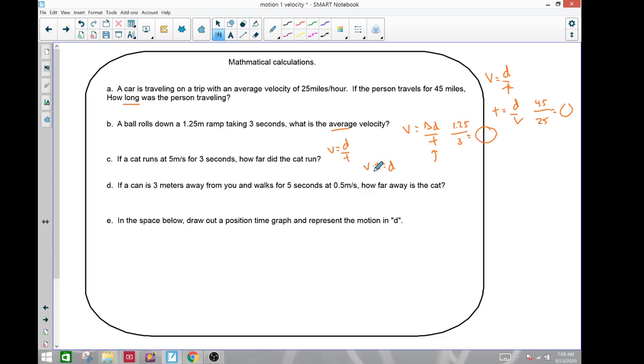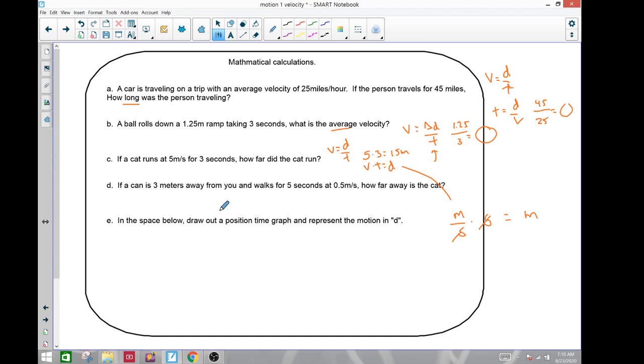They just want you to rearrange it. So showing your variables, plugging your variables in is very important. 5 times 3 equals 15 meters. It's also important here to see that this is meters per second times seconds equals what? The seconds cancel and we have meters. That's what I just did there.